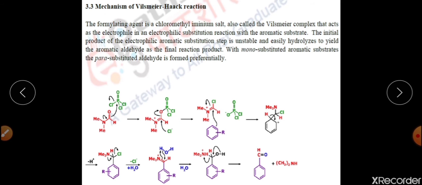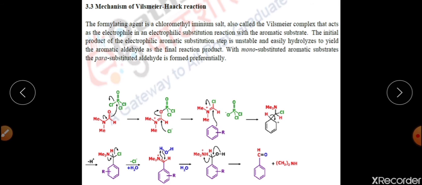If we come to the mechanism of the Vilsmeier-Haack reaction, we can clearly see that the reaction will proceed through formation of iminium ion and chloroiminium ion. These two are the ions that can be used during the course of the mechanism.